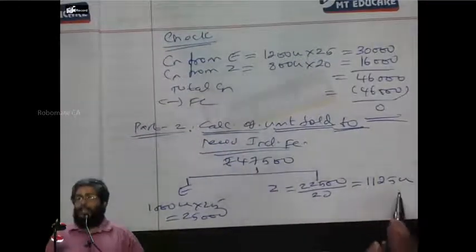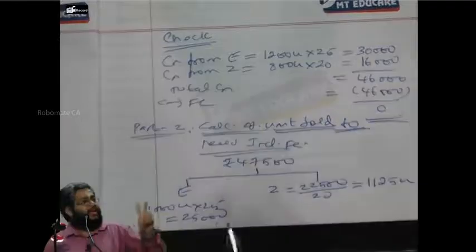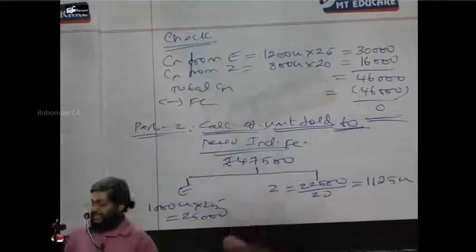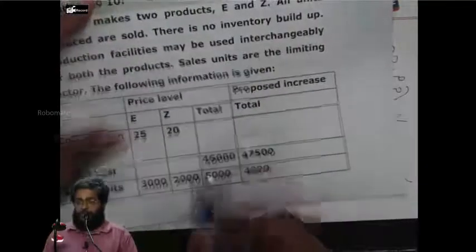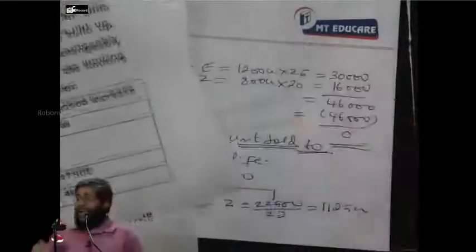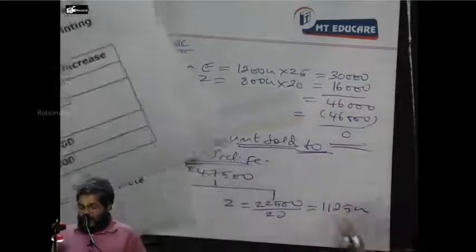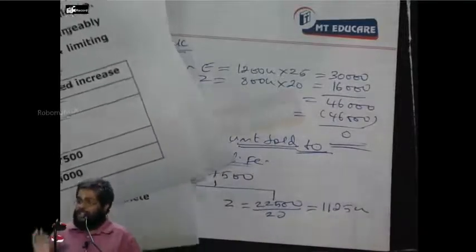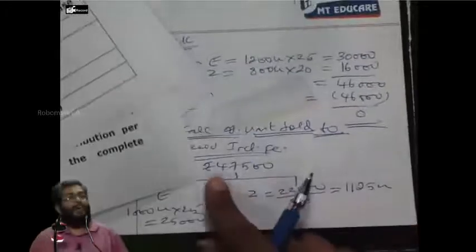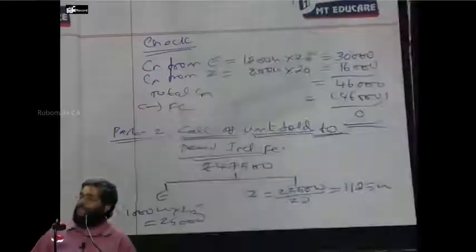Now, 1,125 units, can it be sold for 20 rupees or not? Yes, because look at the question. The capacity is 2,000, and it changes only at 4,000. Up to another extra 2,000 units, I will be able to sell at 20. Can I sell 1,125 or not? Yes, it is possible. So this is going to give me a recovery of 47,500. Respond yes or no?